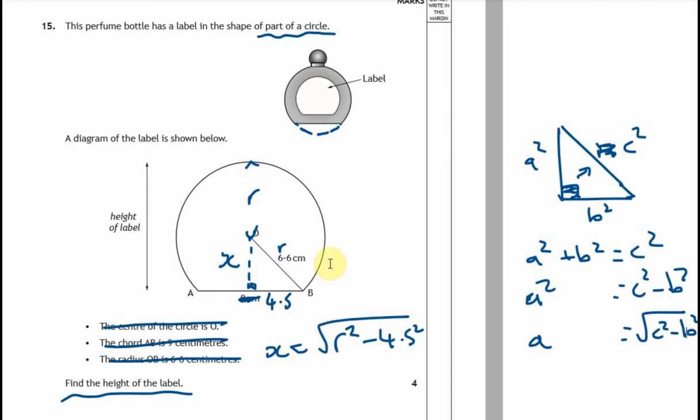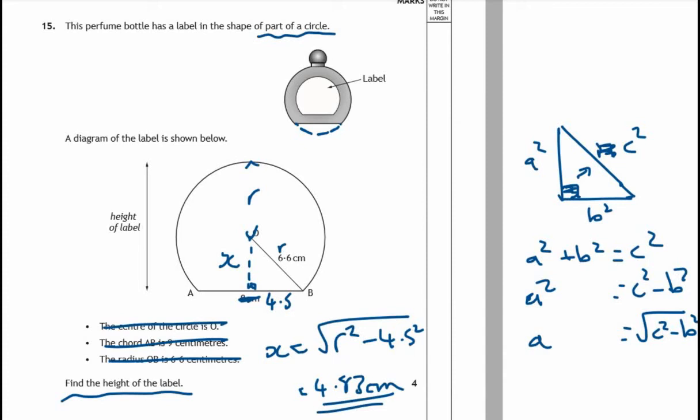So what is our r? Our r is 6.6. So calculators out. Let's just pause that. Okay, so 6.6 squared minus 4.5 squared, square root, that's going to give me 4.83 centimeters.